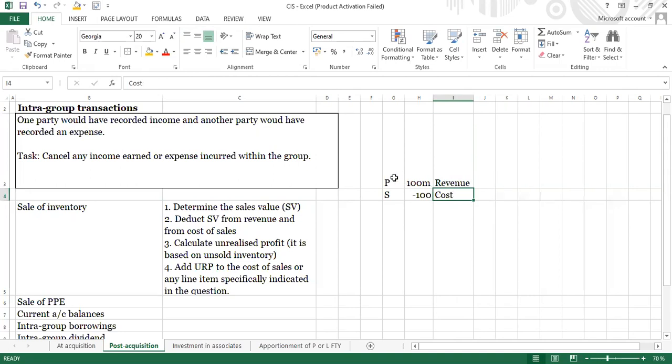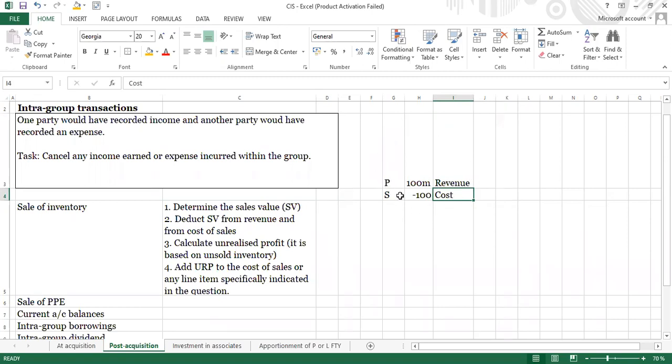Secondly, that party who has recognized an income may have also earned a profit. So that party may have earned a profit within the group. So the profit within the group is expected to be eliminated as well.